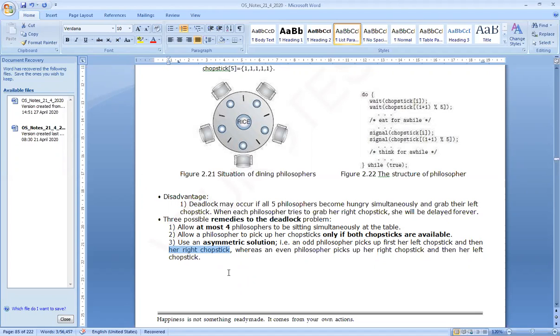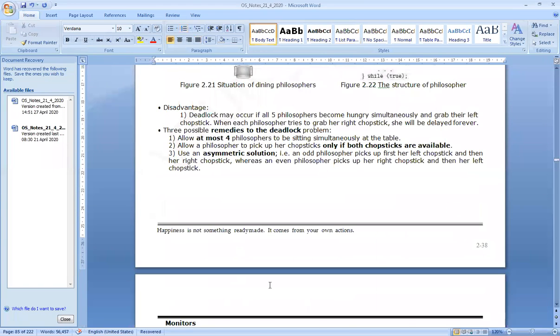Let him pick the left chopstick first, then the right chopstick. That is one more solution we can provide, which is called the remedies to the deadlock situation caused by a limited number of chopsticks with the philosophers. That is the last remedy for the deadlock situation.